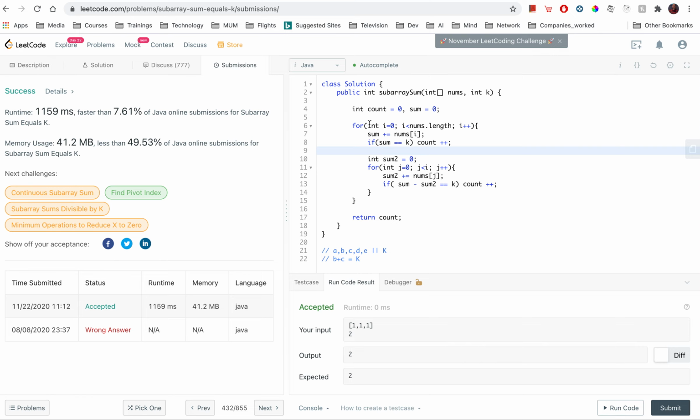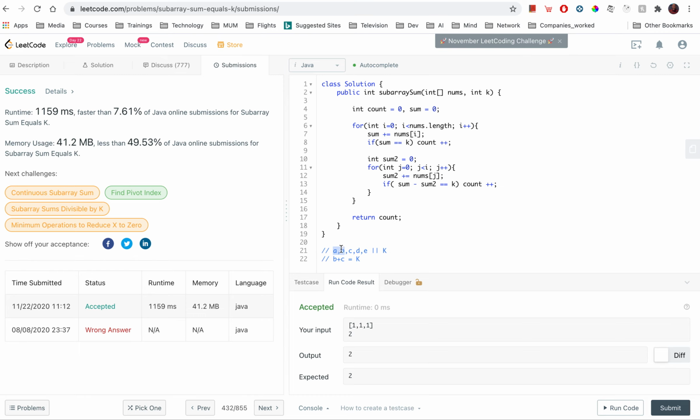So the way we are solving this problem is, let's say we have an array a b c d e. What we're doing is we're calculating the sum from left to right, a plus b, a plus b plus c, and then we're checking if it is equal to k. If it is k, we're incrementing the counter.